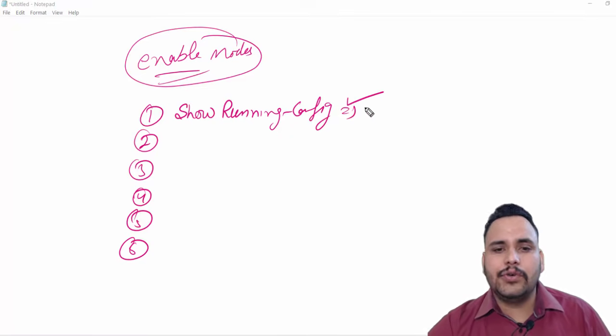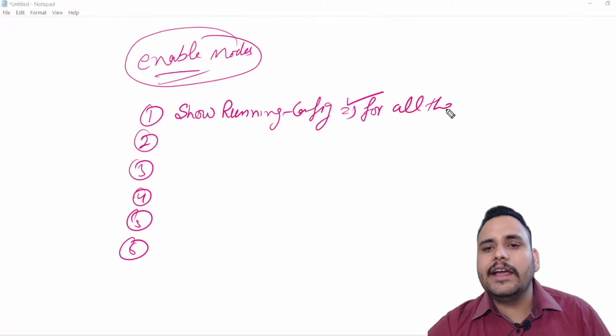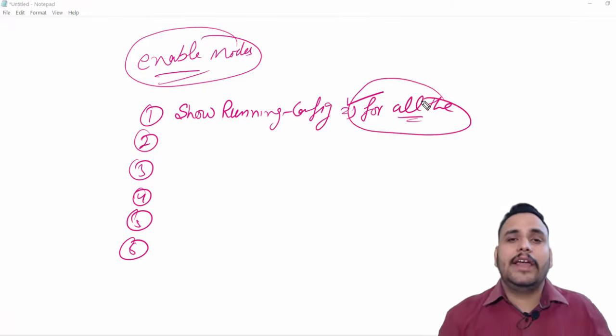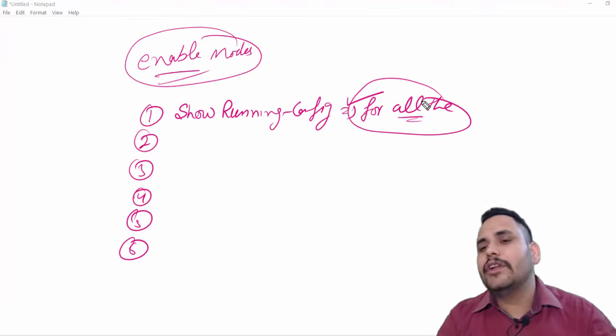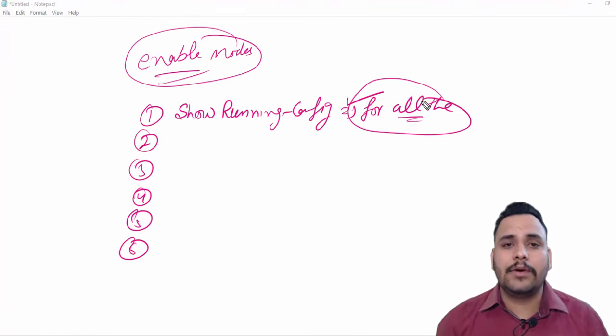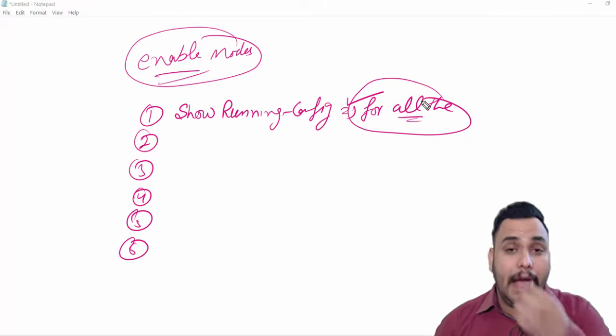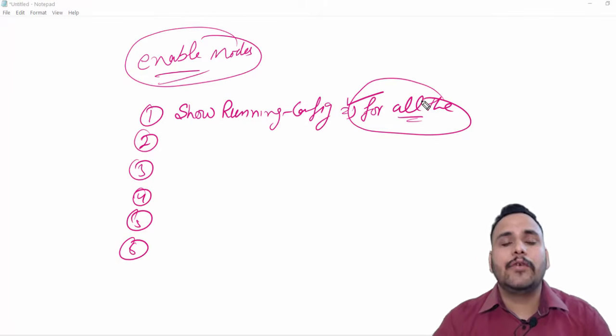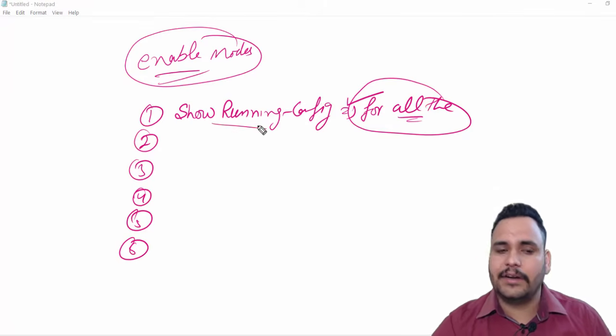This command is used to see all the running configuration of the router, like what the current configuration on the router is. If the router is an old router and has some configuration, we can find all of it with this command.